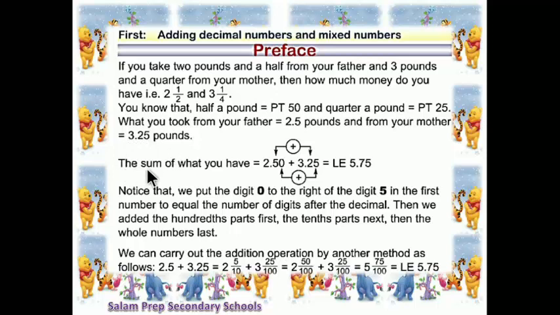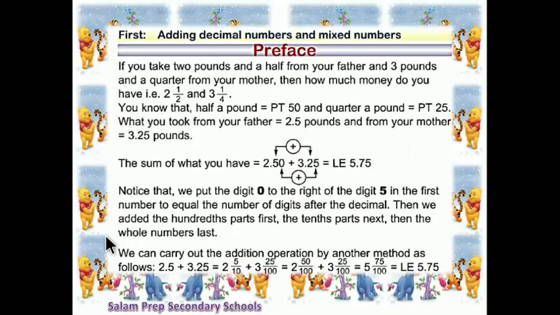The sum of what you have equals 2.50 plus 3.25 equals 5.75 pounds.